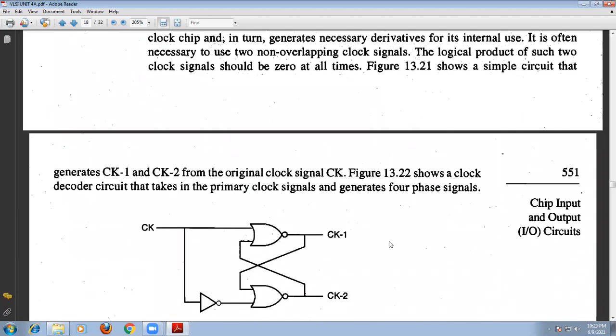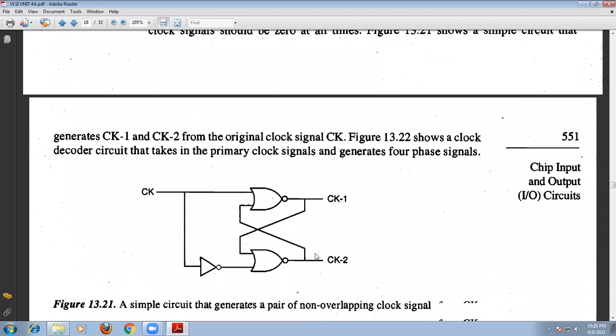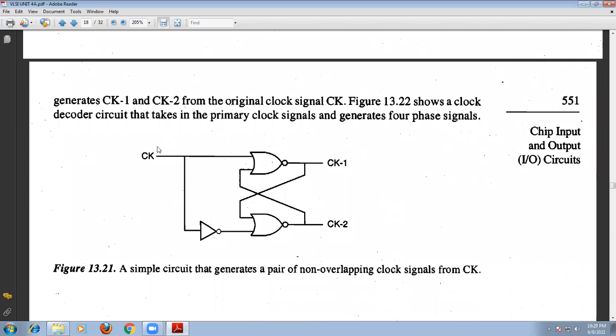By using this type of circuit, we can produce non-overlapping clock signals. When a pulse is 1 at t equals t1, at t equals t2 we get another pulse. Assume this is a latch, for example. The outputs are Q and Q bar.